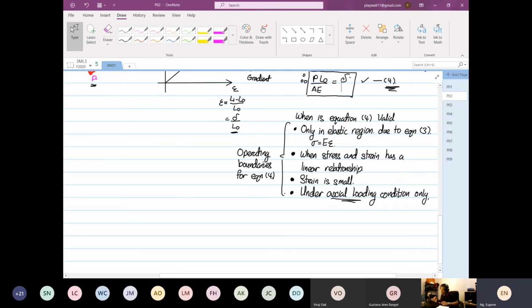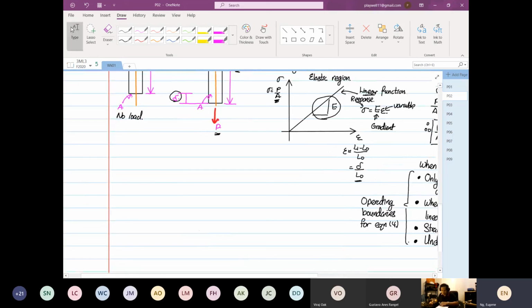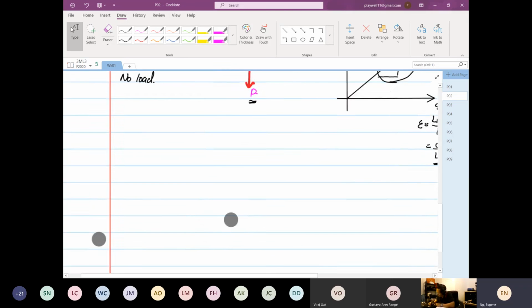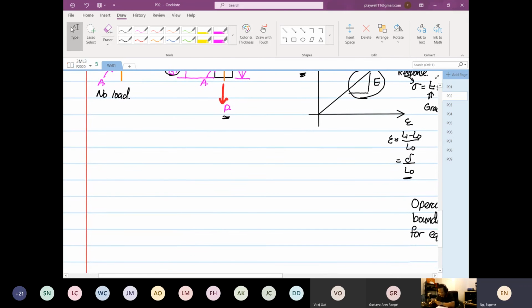Right. So the next thing we're going to look at is the notation first. Then we're going to do an example. I think I've lectured enough already. If I keep on lecturing, no action, you guys will fall asleep. So let's look at the notation for elastic deformation.